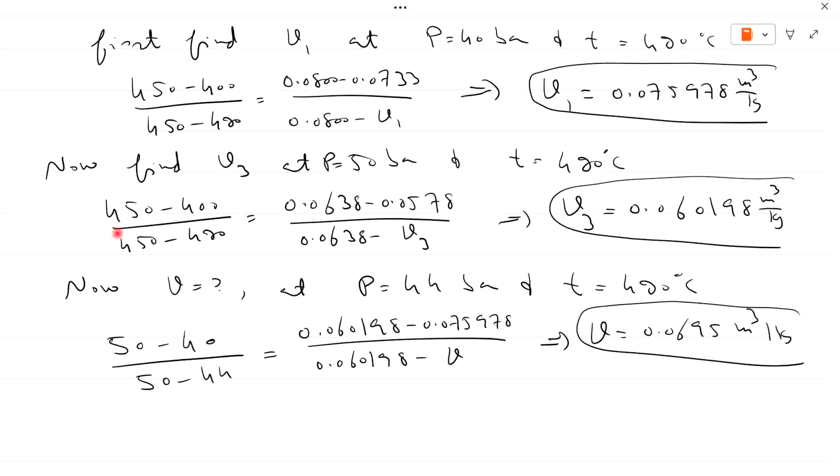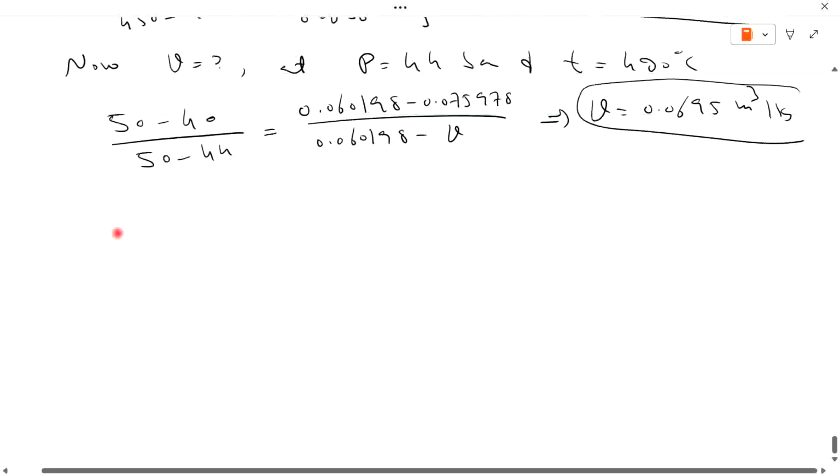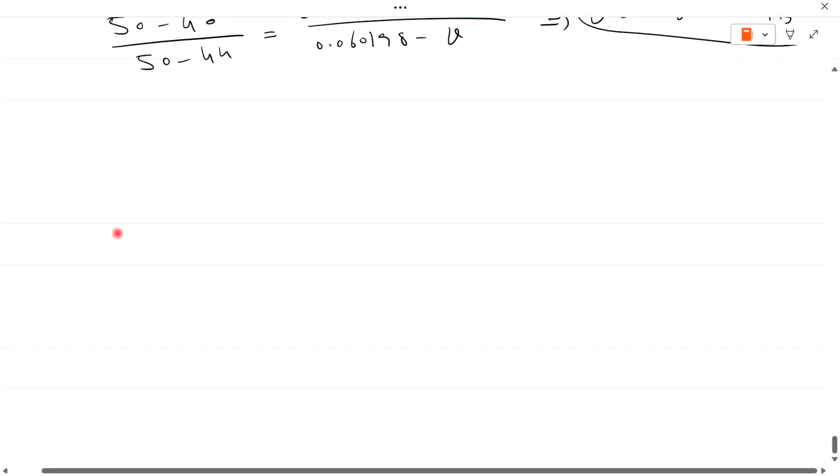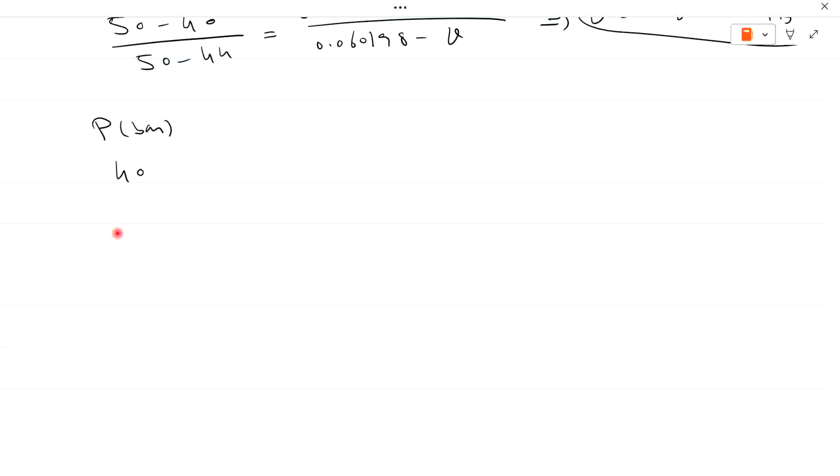Now do a similar double interpolation for specific enthalpy. Pressure is in bar, 40 bar and 50 bar are available, and we have to find the specific enthalpy at 44 bar. Specific enthalpy is in kilojoule per kg.